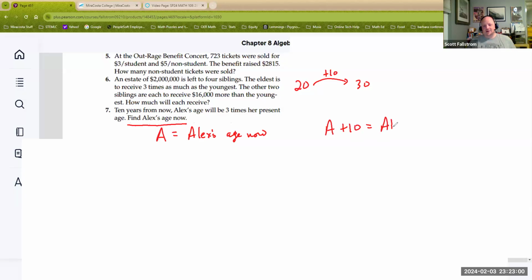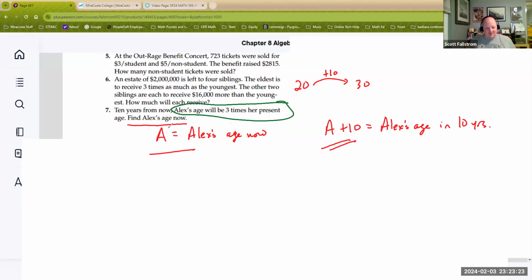This is Alex's age in 10 years. Done. So now I know how old she is now. I know how old she's going to be 10 years from now. And now I just take that information and I put it into what they tell me, because now they have to create a relationship.